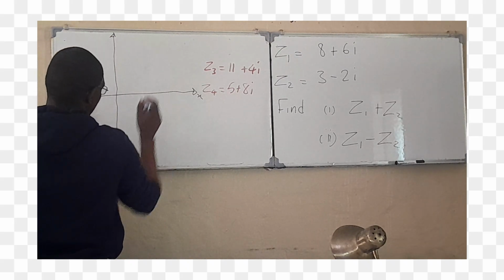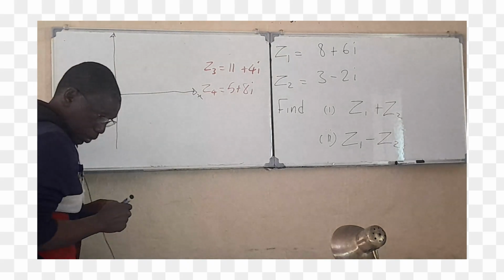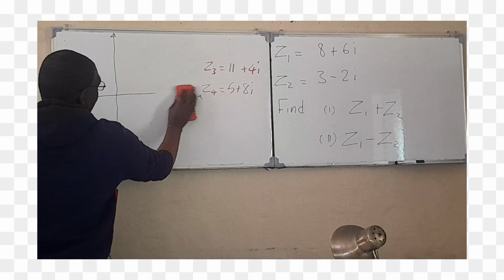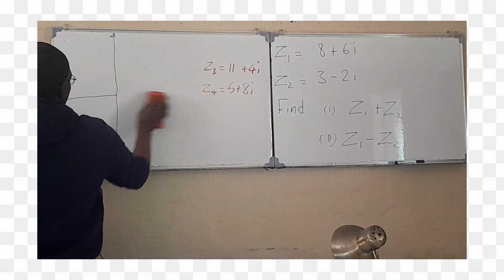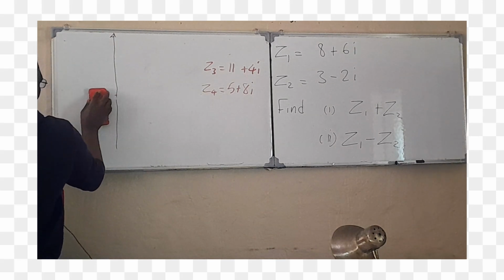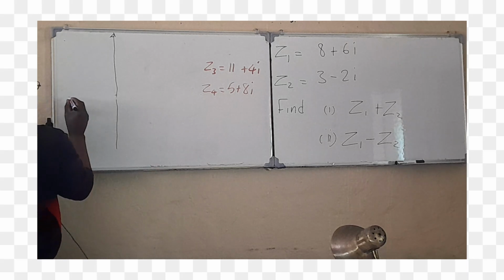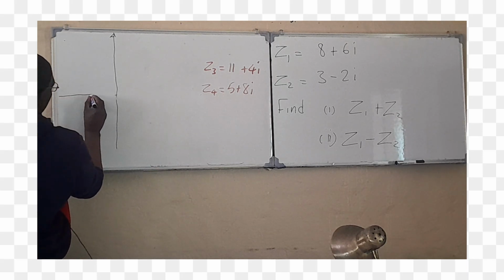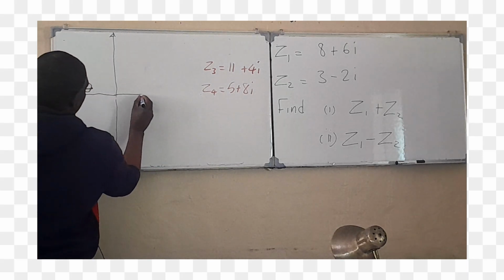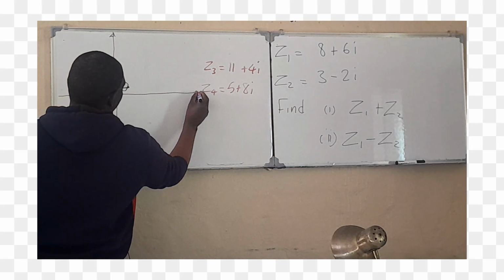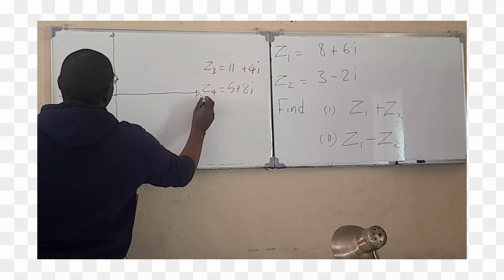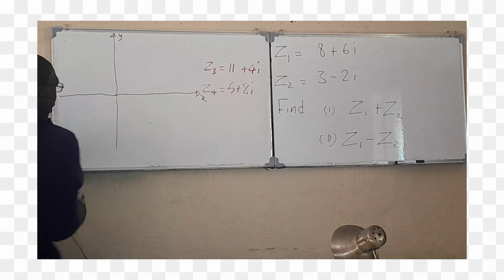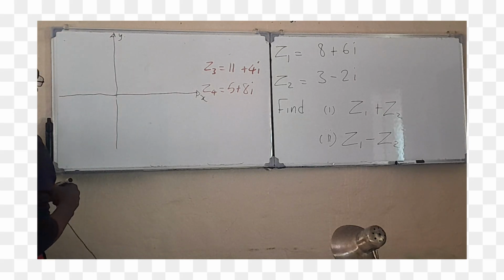Oh, my line is crooked, let me try and make it as straight as I can. Okay, so there we are. That's my real axis there, and that would be my imaginary axis.